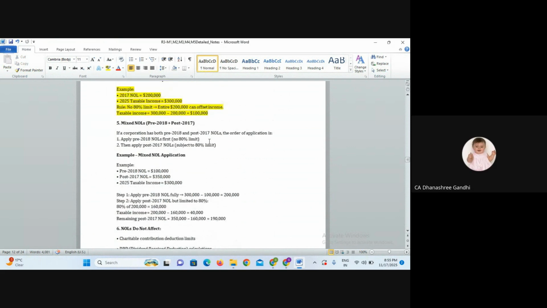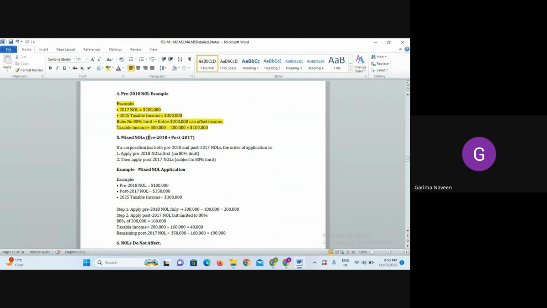No. Okay, so next is mixed NOLs. If pre-2018 and post-2017 rules both apply, you have to apply the pre-2018 NOLs first, with no 80% limit. Then you apply the post-2017 NOLs, which are subject to the 80% limit.